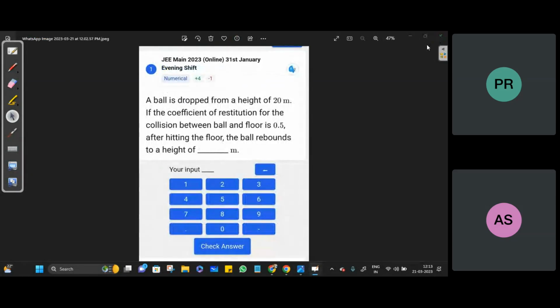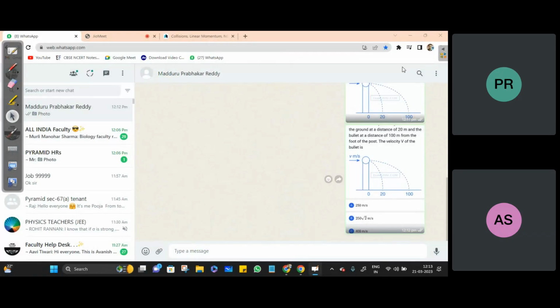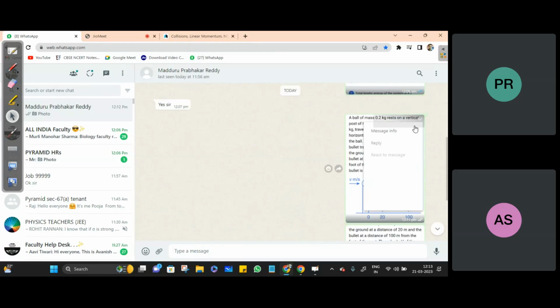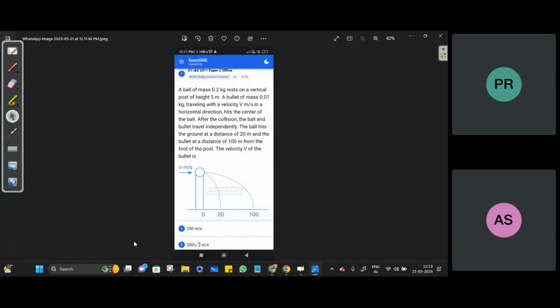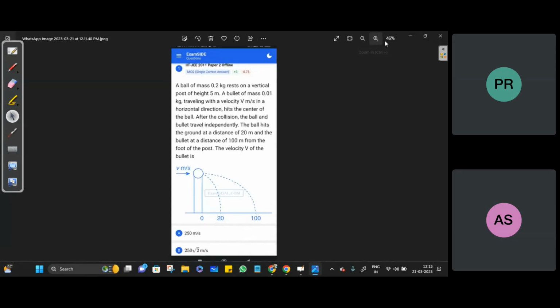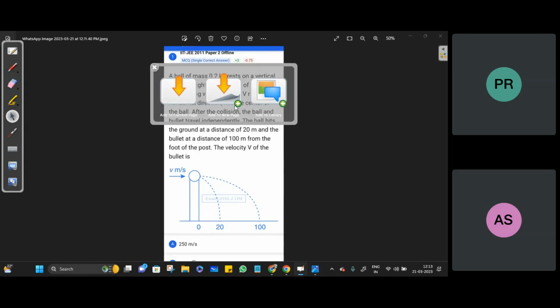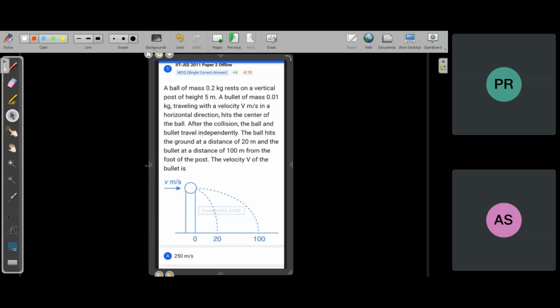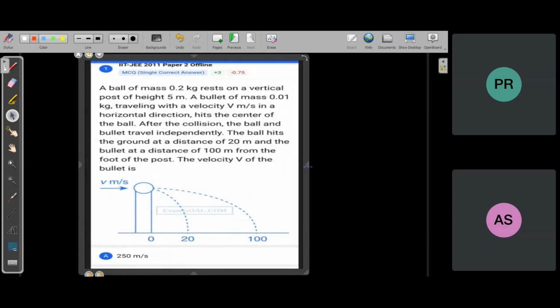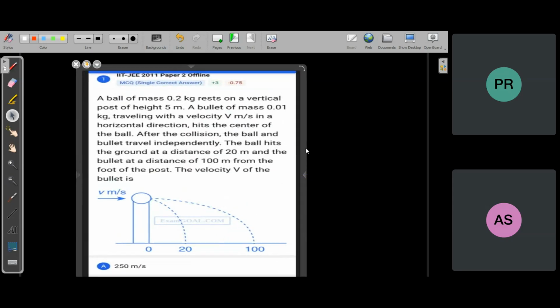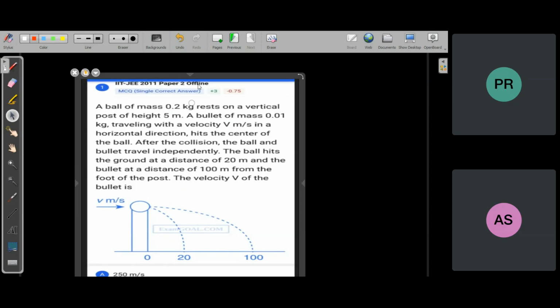Okay. So let's go to the next question asked in JEE Advanced. Try this one. Is the question visible? Yes, sir. Question is visible, sir. Okay.